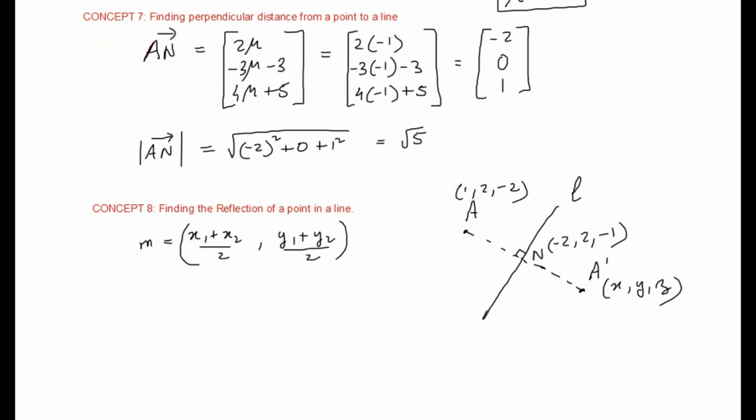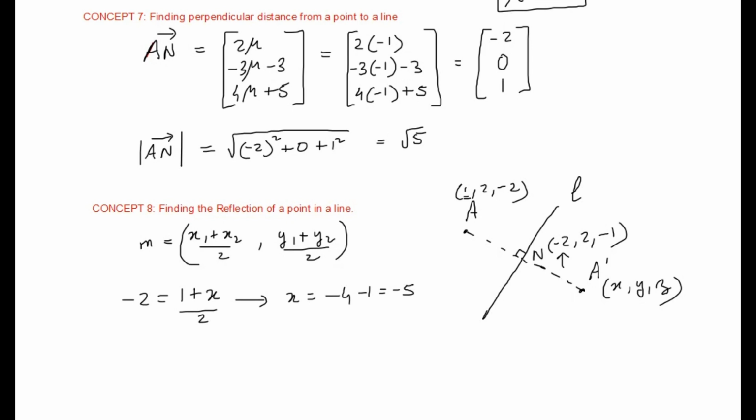So in this case our negative 2 here is the midpoint of the corresponding coordinates of A and A dash. So 1 plus x by 2, which implies that x is negative 4 minus 1, which is negative 5. Similarly, we can do the y coordinate and the z coordinate.